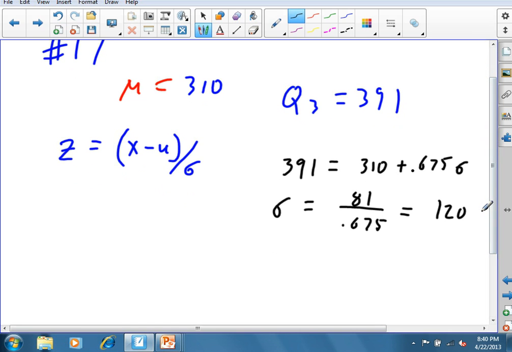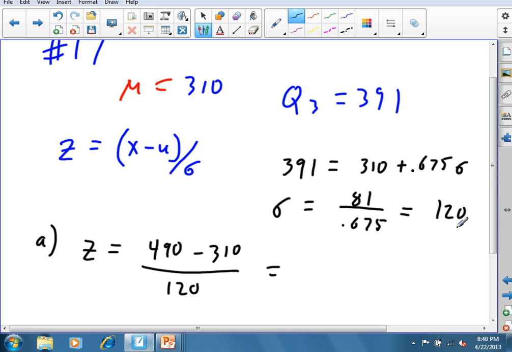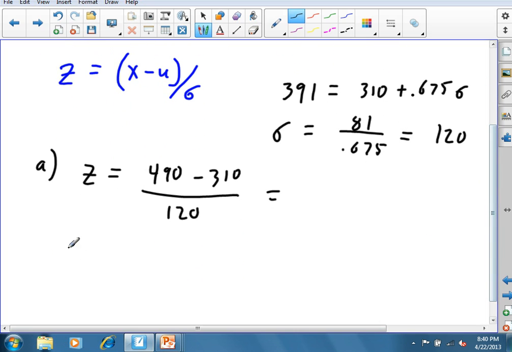Alright, so we're trying to find the standardized value. Okay, so first problem. A, Z is going to be equal to X, 490 minus 310, divided by 120. Oh, that was fun.